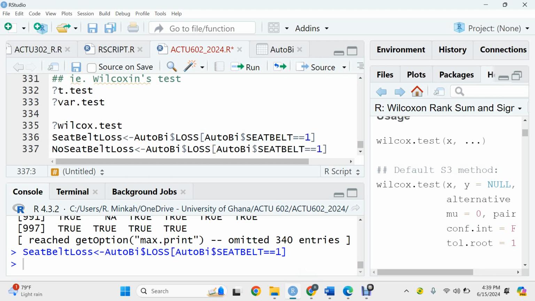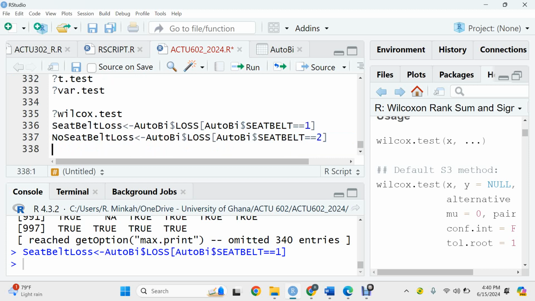So here I can do it this way, I can put an exclamation, this is not equal to. Or I could have just done it two ways. Either I do this equal to 2, right? Because that's 2, right? So that's one way. Let me comment one of them out. Another way is that you say not equal to 1.